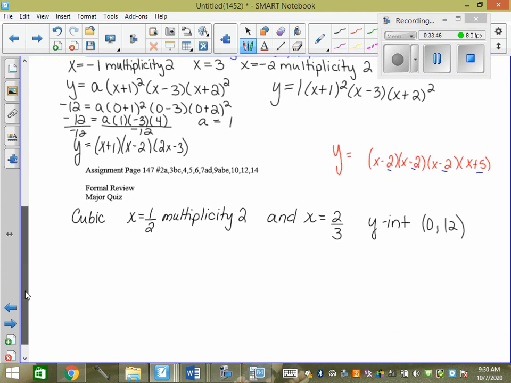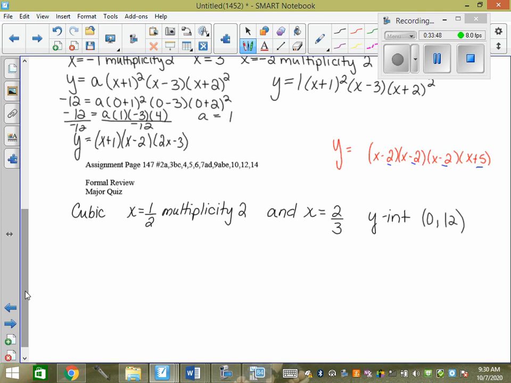All right. So we have to work backwards, right? So we have to multiply the 2 up first. 2x equals 1. Subtract the 1 over. 2x minus 1. This one we have to multiply our 3 up first. 3x equals 2. And then we have to subtract the 2 over. 3x minus 2 equals 0.